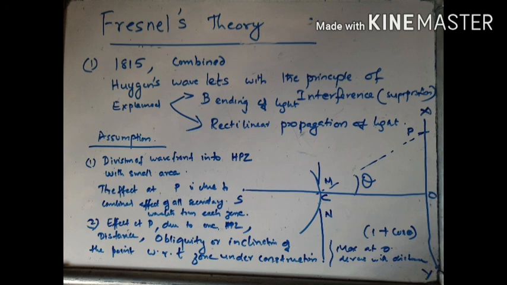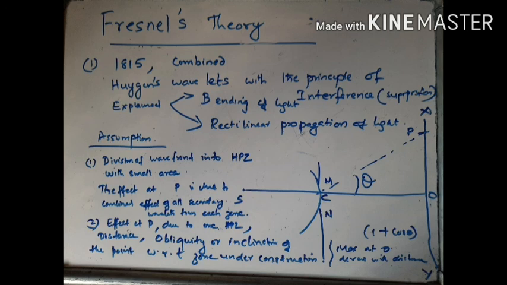So, from these results, we can see that the maximum intensity due to a zone at C, at the point O on the screen, will be maximum, and as the distance increases from O, the effect at the screen will decrease considerably.